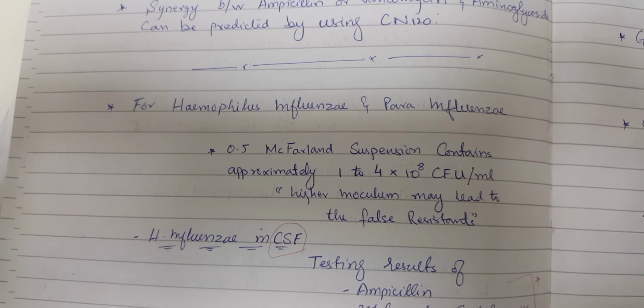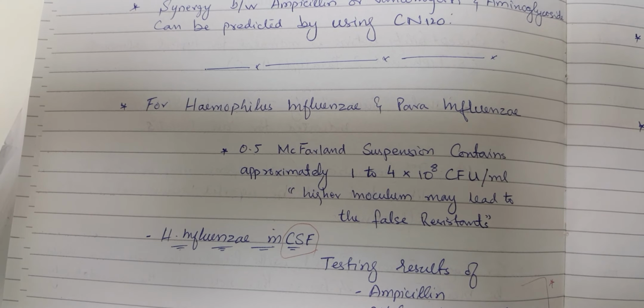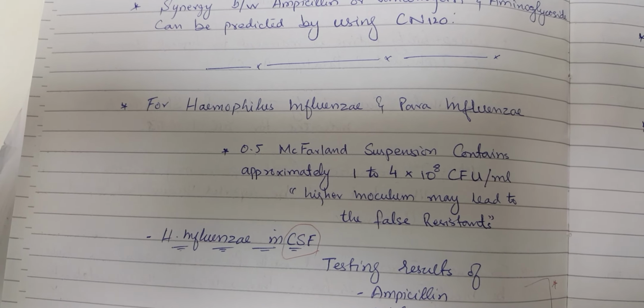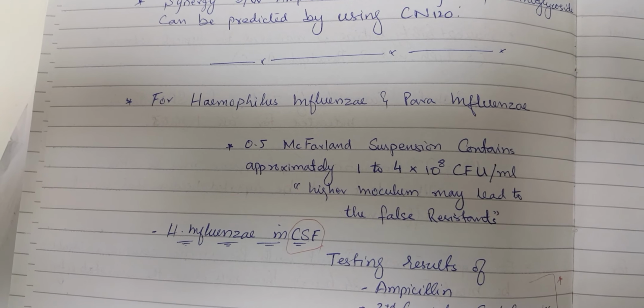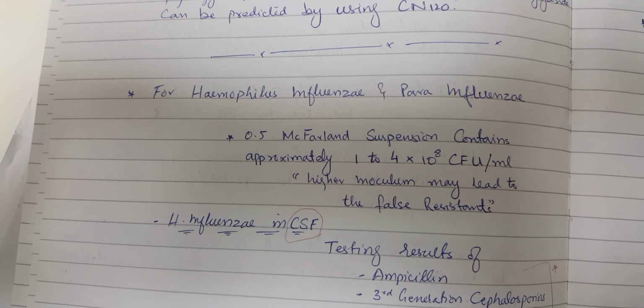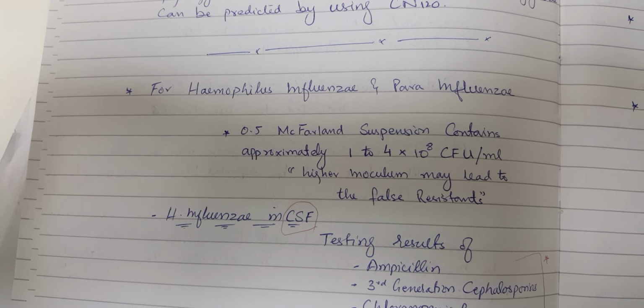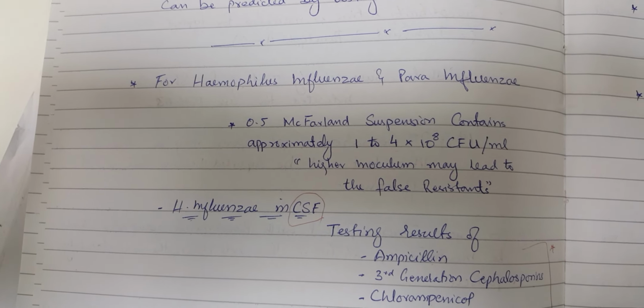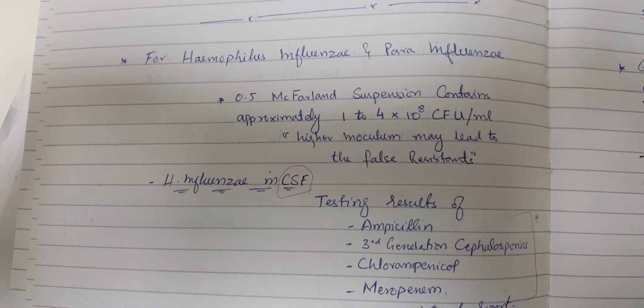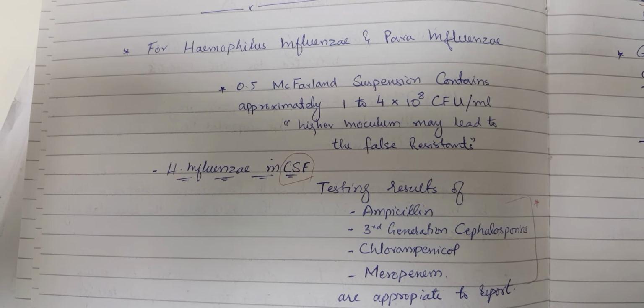For Haemophilus influenzae and parainfluenzae, use a 0.5 McFarland suspension containing approximately 1 to 4 times 10 to the power 8 colony forming units per ml. Higher inoculum may lead to false resistance. And if H. influenzae is from CSF, the testing results of ampicillin, third generation cephalosporin, chloramphenicol, and meropenem are appropriate to report.